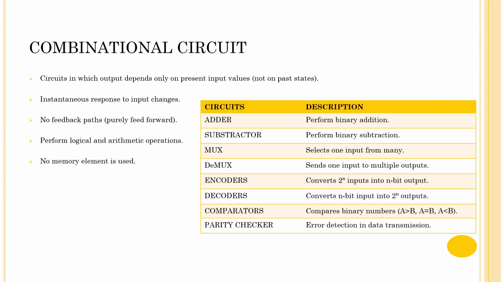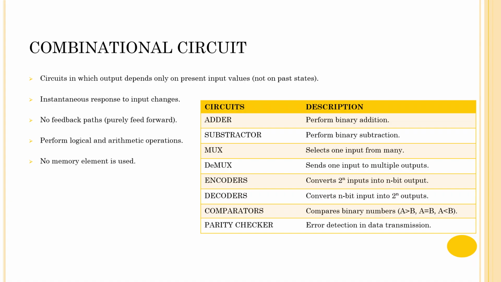Demultiplexers or demux do the opposite, sending one input to multiple outputs. Encoder converts 2 to the power n inputs into an n-bit output, while decoder expands an n-bit input into 2 to the power n outputs. Comparators compare two binary numbers and tell us whether A is greater than, equal to, or less than B. And parity generator or checker helps detect transmission errors in communication systems.